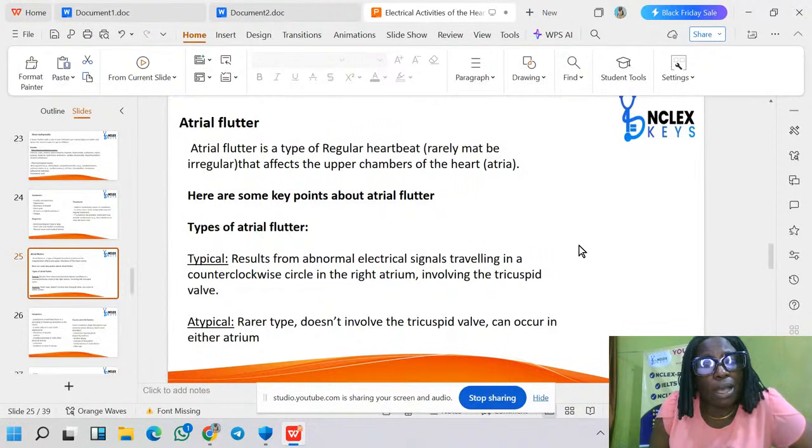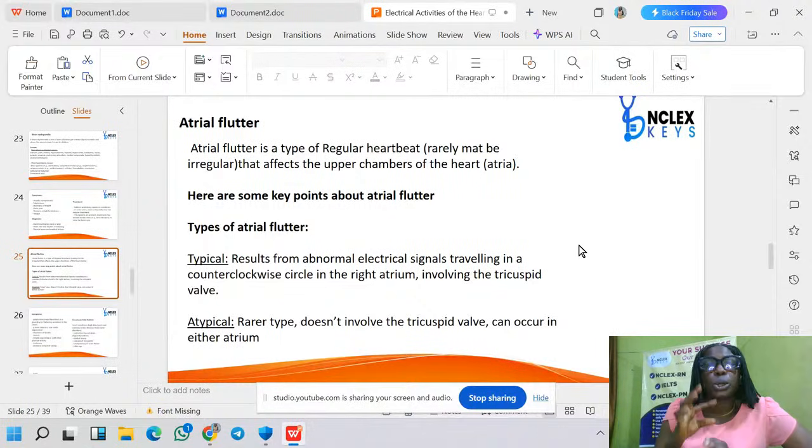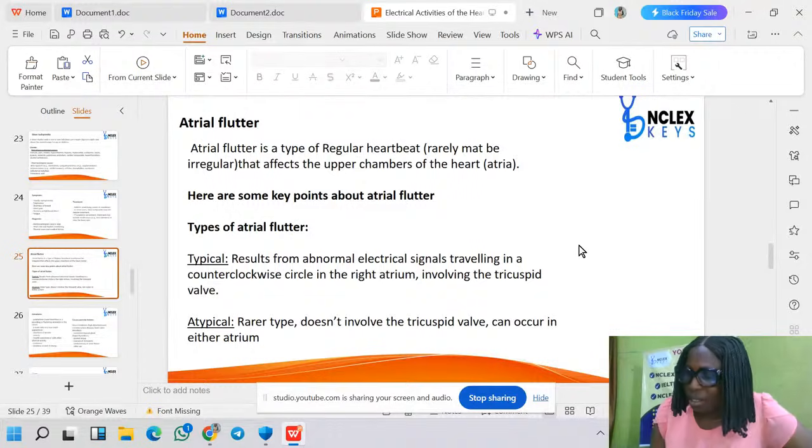Let's talk about atrial flutter. Let's talk about atria. That's the P wave. Remember, atria is P wave. Flutter is like fluttering. So atrial flutter simply means that your P wave is fluttering.